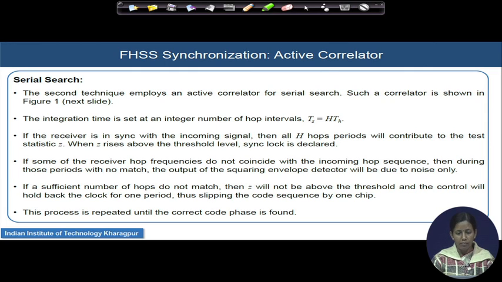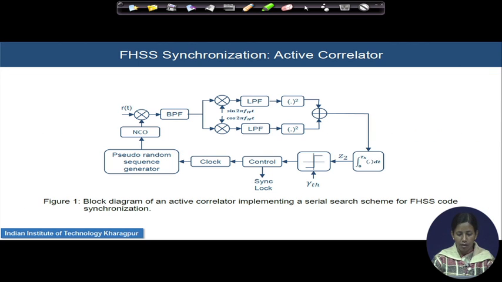If the receiver is in sync with the incoming signal, then all these h hop periods will contribute to the test statistic z, and when z rises above this threshold, you will declare that there is a sync lock.